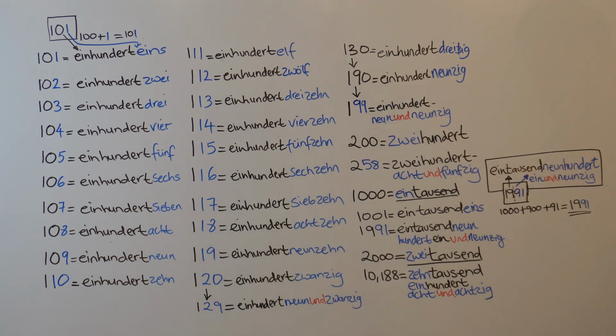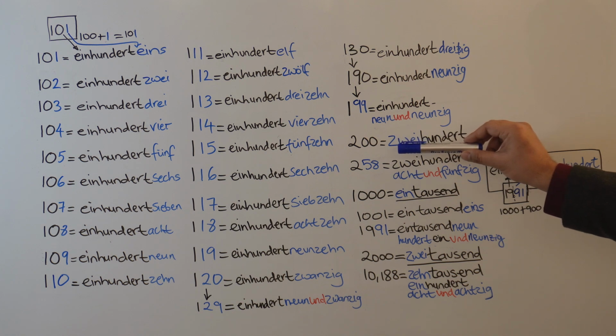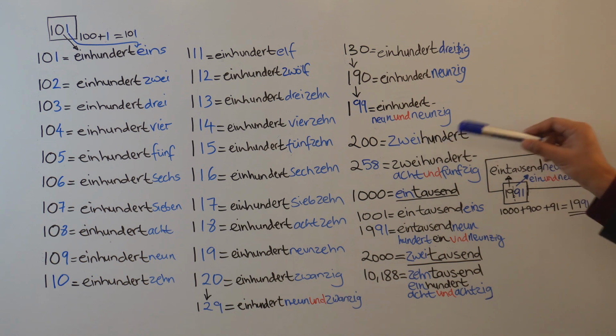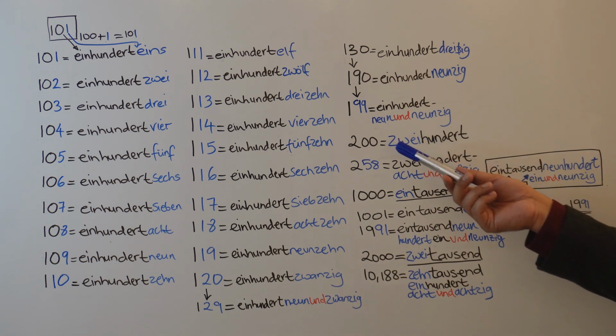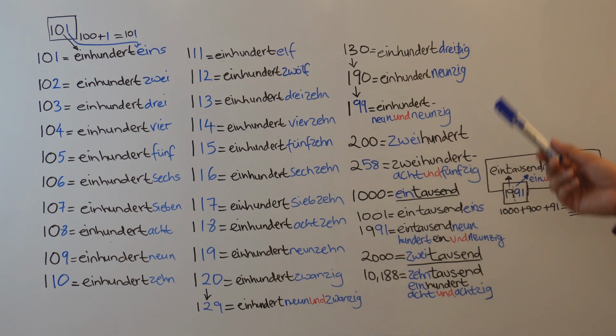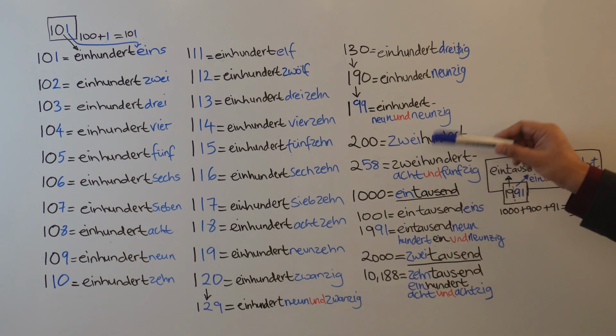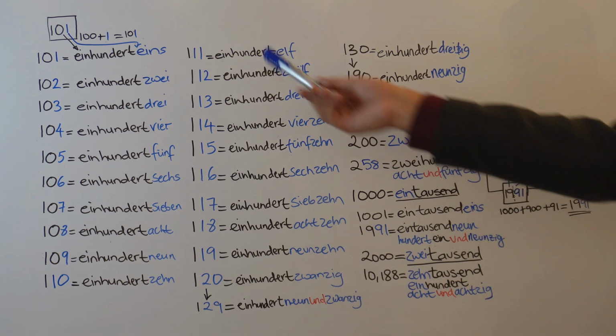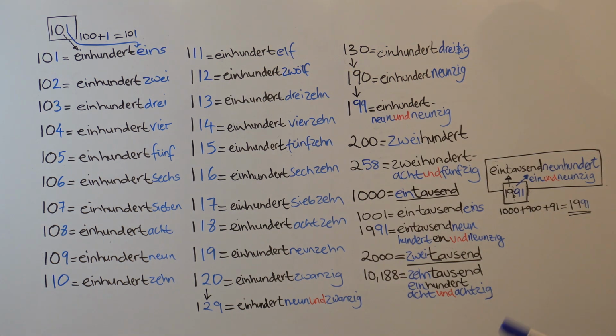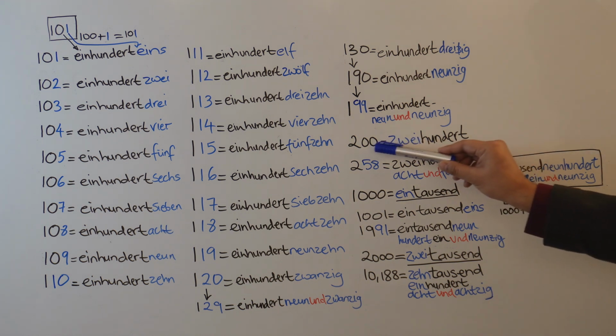So as you reach 200, in English we call it two hundred. We will just simply translate this into German, and 200 will become zweihundert. 2 and 100. So over here, this law will not apply because there is no second number coming after 200.